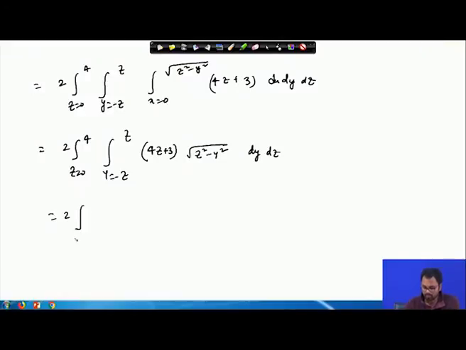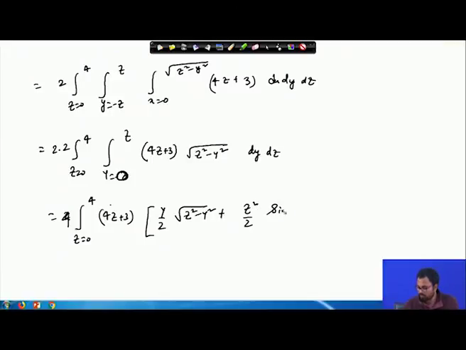So, this will be integral z running from 0 to 4. I can write this as 0 to z and then put a 2 here again. So, this is 4 and then I am integrating with respect to z. So, this will be 4z plus 3 and then I have y by 2 square root of z square minus y square plus z square by 2 sine inverse y by z, and then this is y running from 0 to z dz.